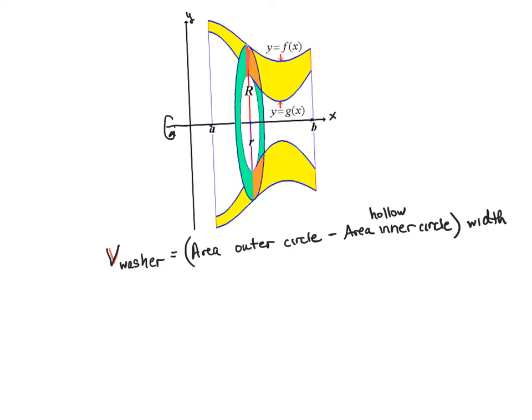So to get the area of a circle, we need a radius. The radius of the outer circle is, and I will outline this in, okay, I don't know what color to use. Let's use blue. So the radius of the outer circle is this distance in blue that I'm highlighting.